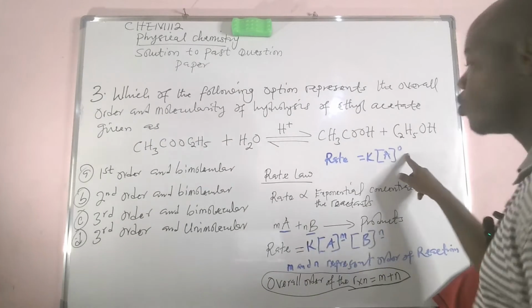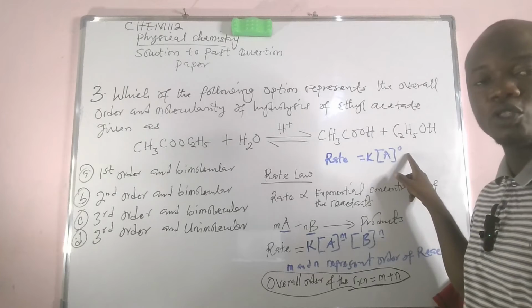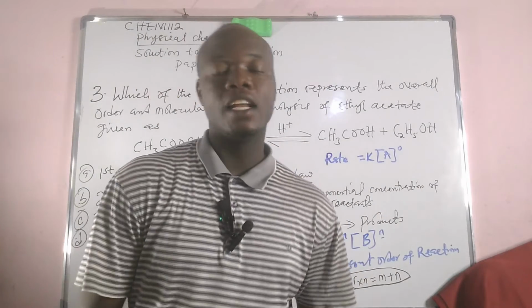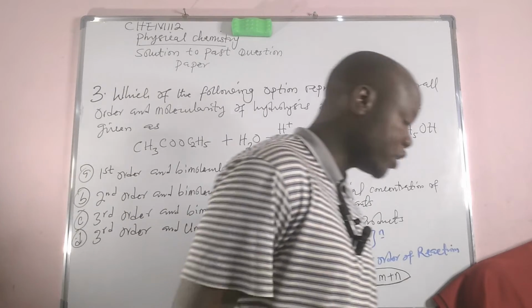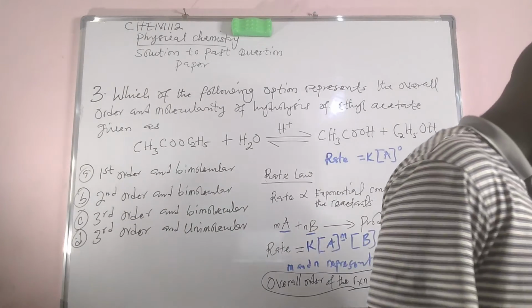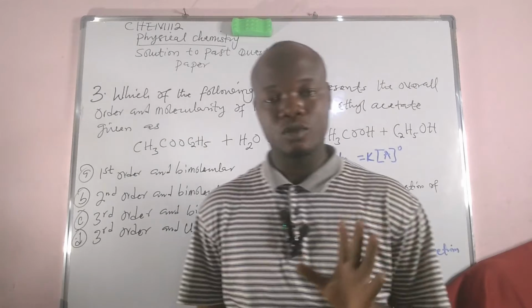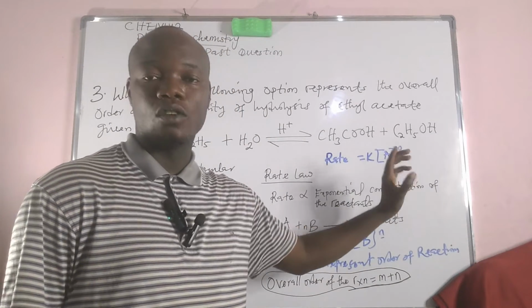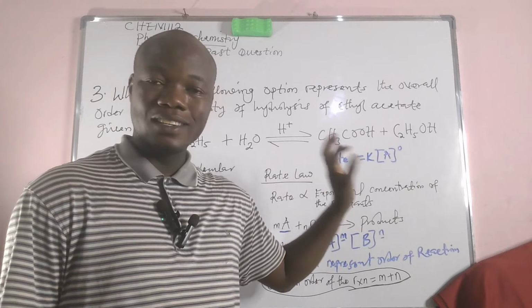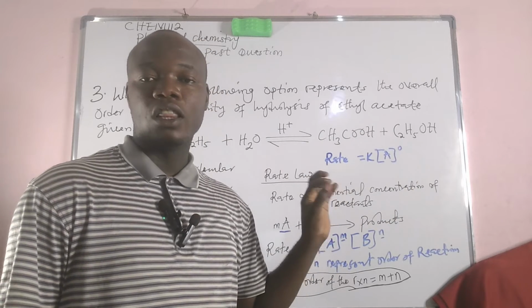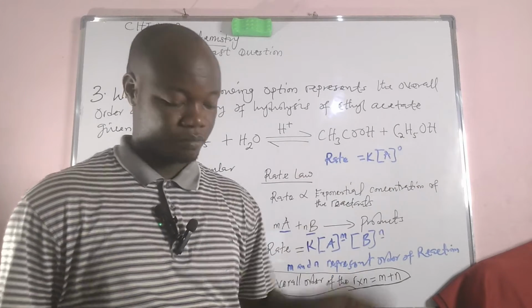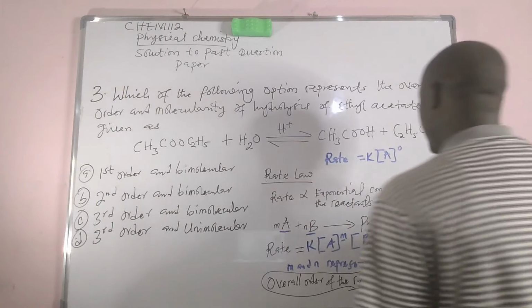So this is zero order. When you have exponential of zero, it means it is a zero order, indicating that the rate of the reaction is independent of the reactant concentration. So what if we have something like this?